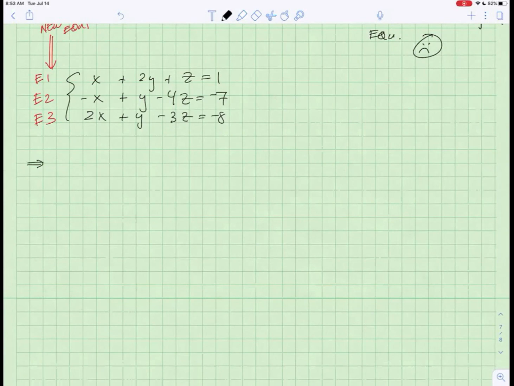I might do something like the following. Twice E1 is my new E1. So look at that notation. What that says is we're going to replace E1 with 2 times E1.